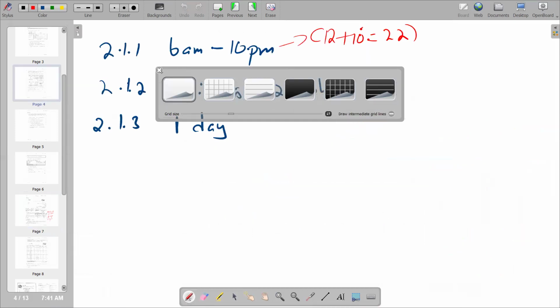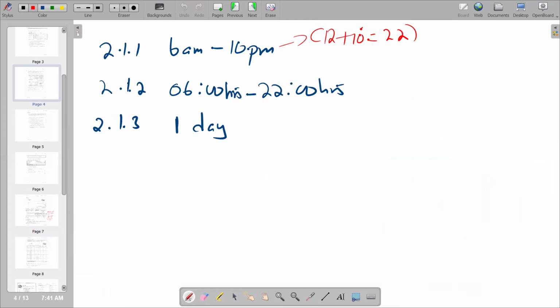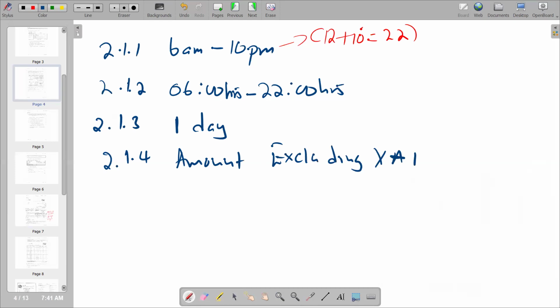Here, as we say, 2.1.4, whereby you start by finding the amount excluding VAT. Basically, to summarize the working, 64 rand 62, and then we divide by 1.15. And then with that, you get your 56 rand 19 cents.